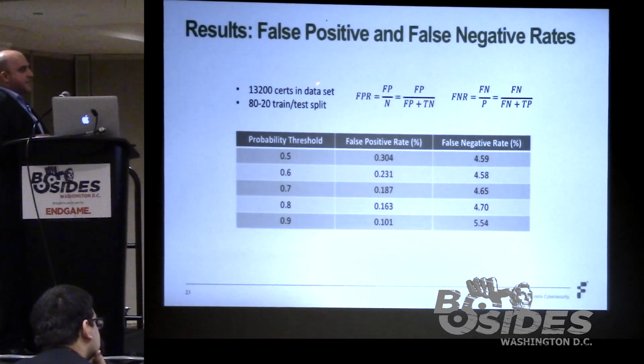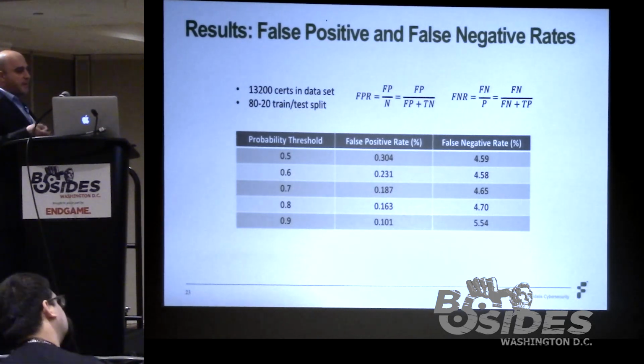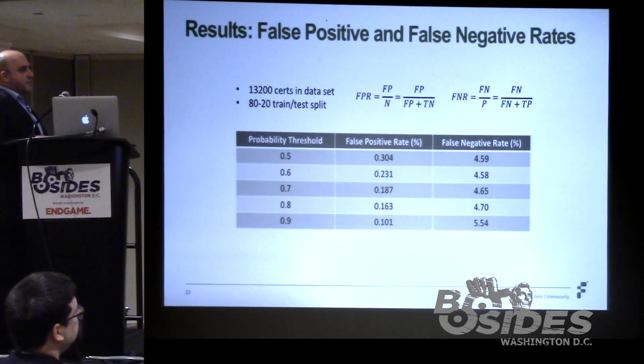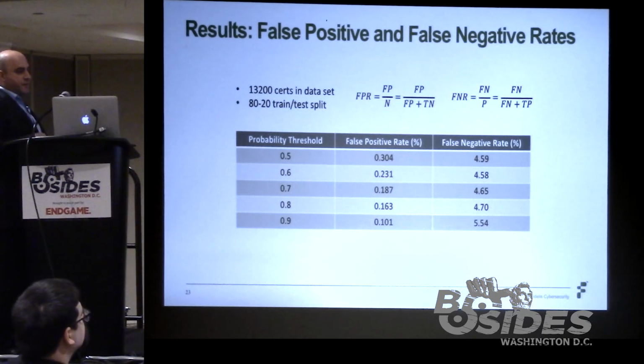As I mentioned before, the data set has 13,200 certs. And we do the train test split, 80-20, meaning we sample 80% of these certificates. We use that as our training data set. We train the model. And then we use the remaining 20% of the certs for testing.